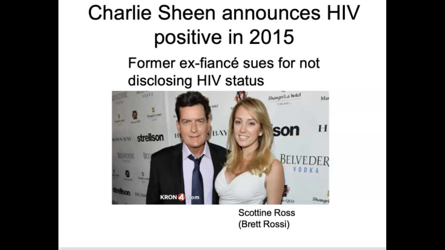For those not familiar with Scottine Ross, her acting name is Brett Rossi. She is an actress in adult films. So if she comes up HIV positive, she could have a lawsuit against Charlie Sheen saying he gave me HIV.